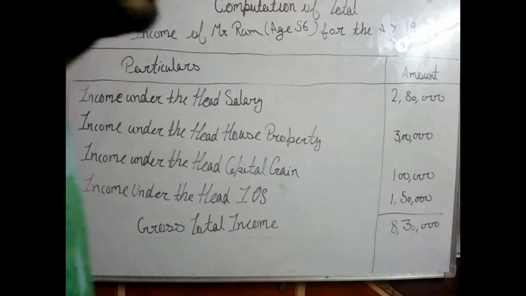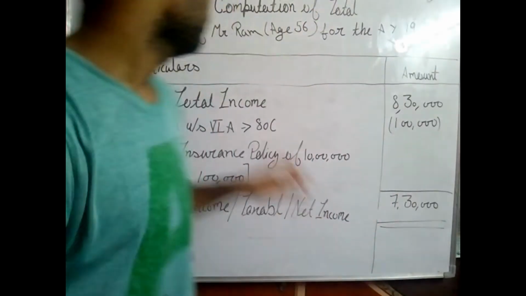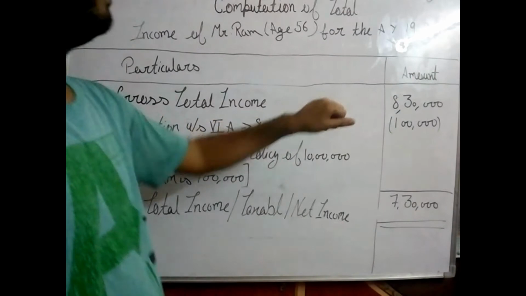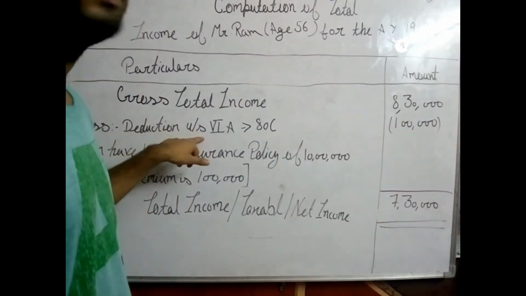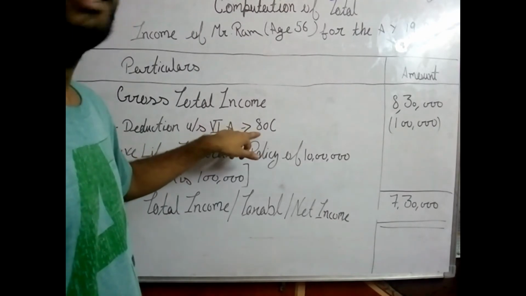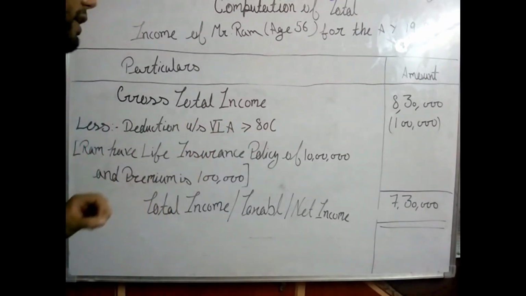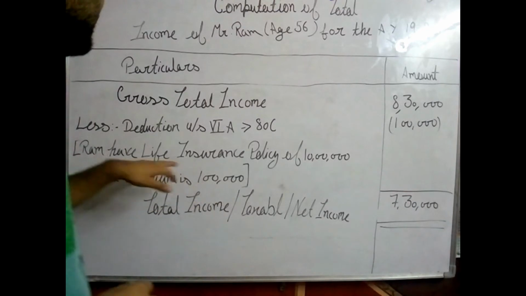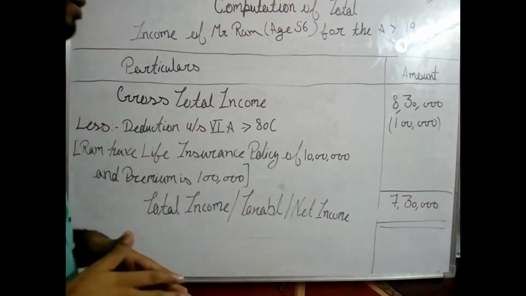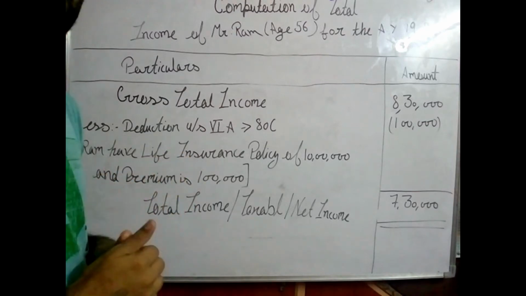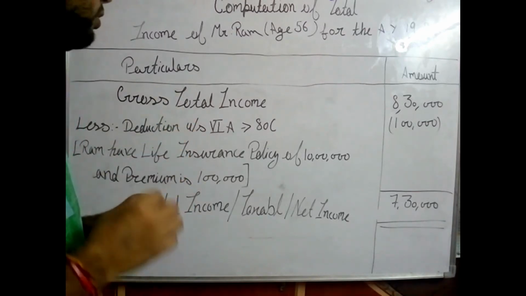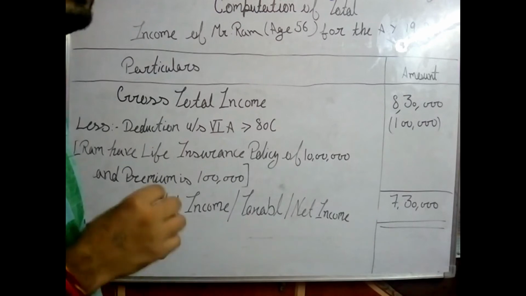Now we have a gross total income of rupees 8,30,000, less deduction under chapter 6A, under 80C. In this case, it is also given that Ram has a life insurance policy of rupees 10 lakh and the premium on which is rupees 1 lakh. And under 80C, we have the power to deduct the premium as a deduction.